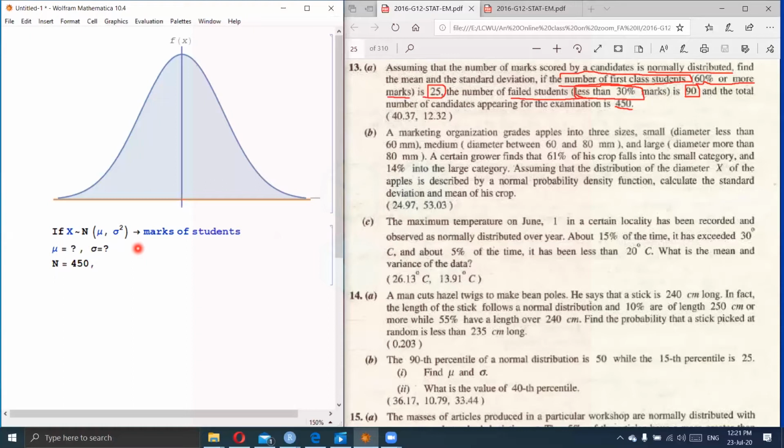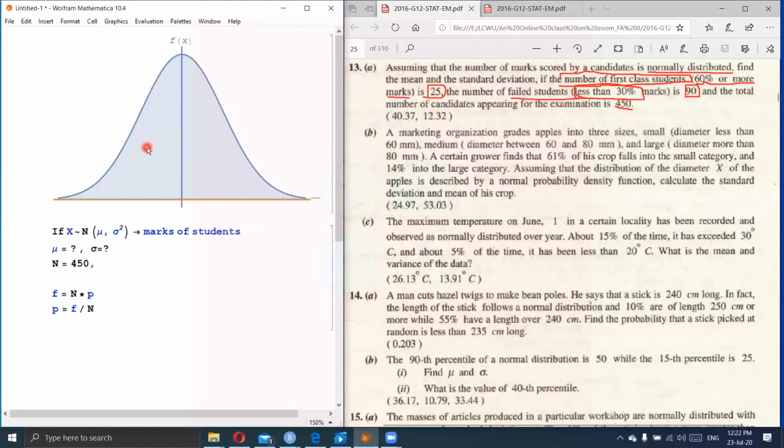We must know one thing here, that the frequency related to any category is obtained by multiplying n by p, where n is the total number of students, p is the probability of those students who lie in any range, and the count of that range is denoted by f. From here we can write probability is equal to f over n, f divided by n.